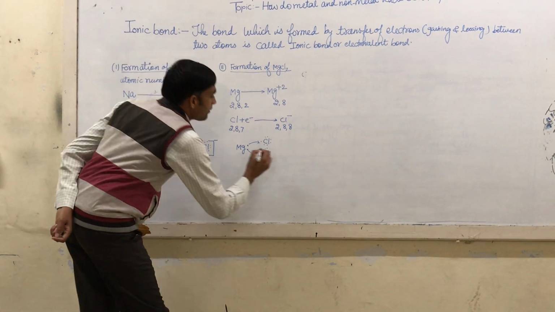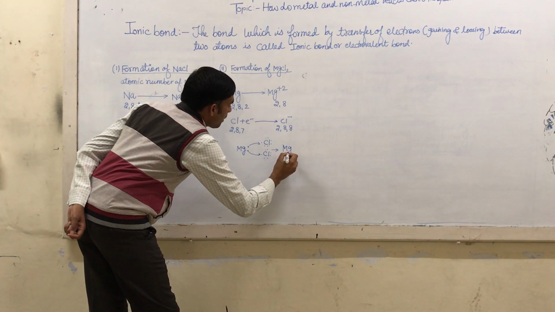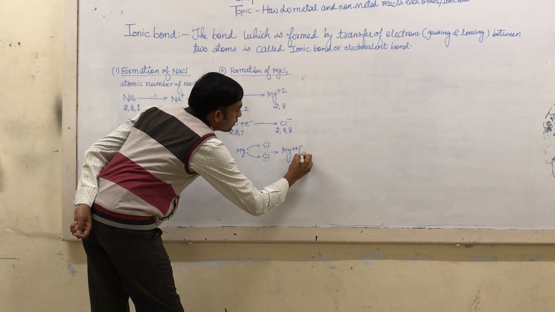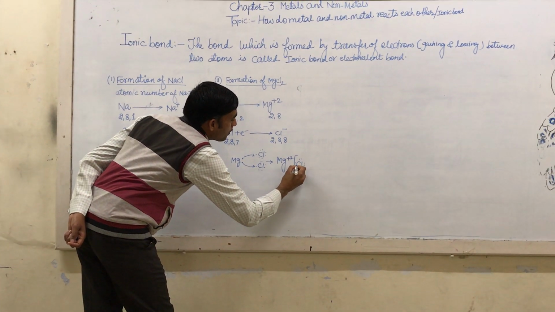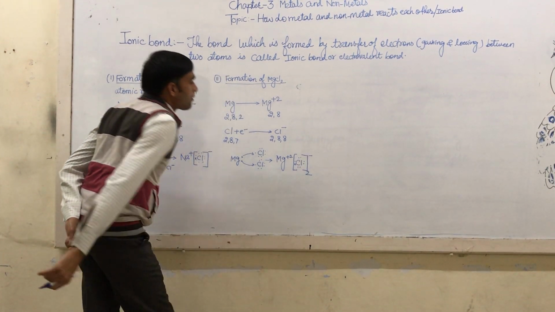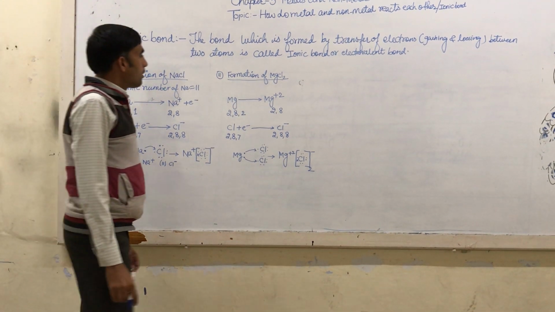Finally, the compound is Mg 2 plus and two Cl minus, each with 8 electrons. So this is the formation of magnesium chloride.